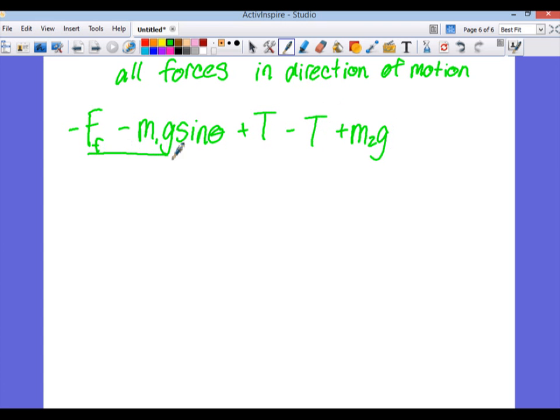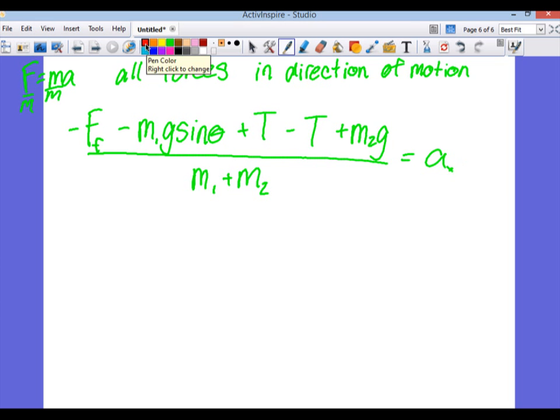And all of my forces need to be divided by all of my masses. And this is just coming from our mother equation of F equals ma. So if I'm solving for acceleration, that means I need to divide by mass. This is the same thing that I've done here. This is my x acceleration. And hey, look, these tensions cancel out.